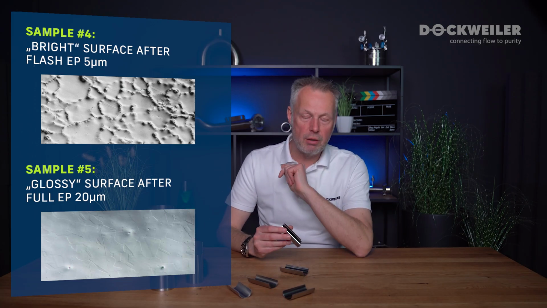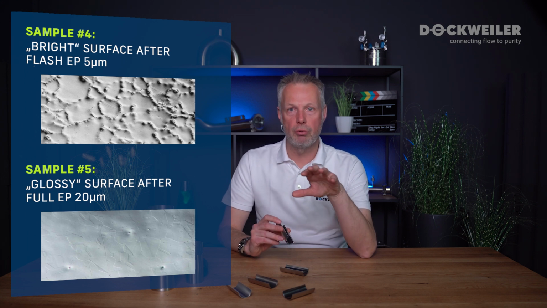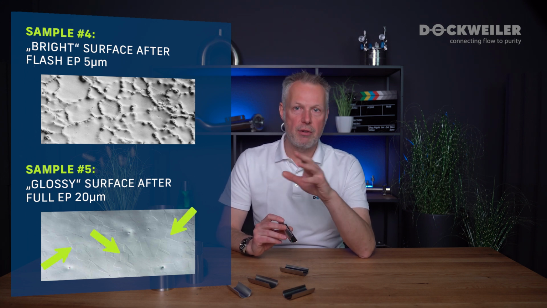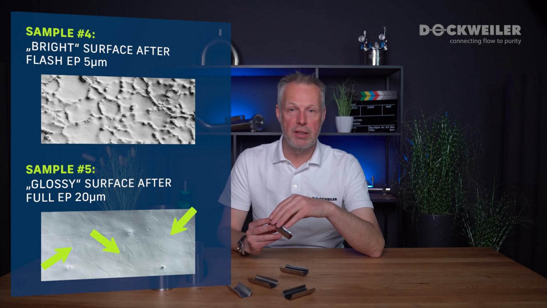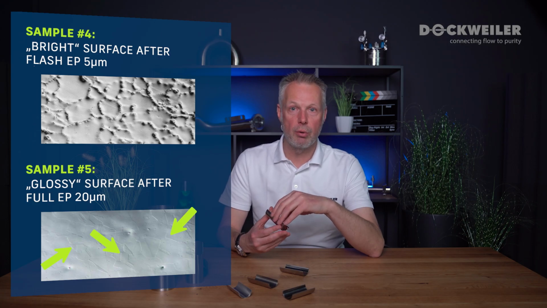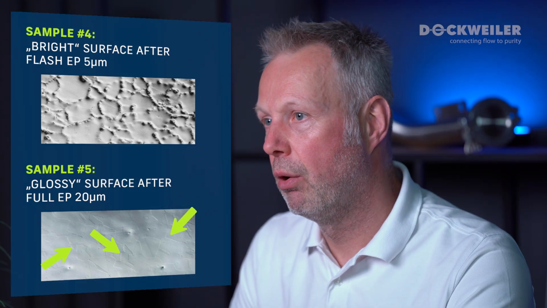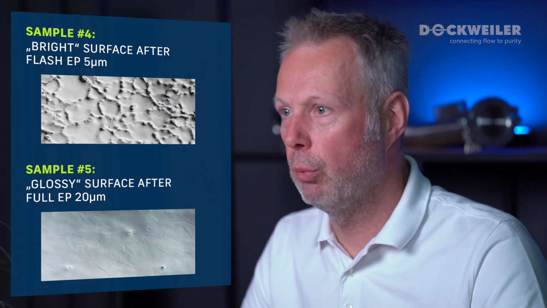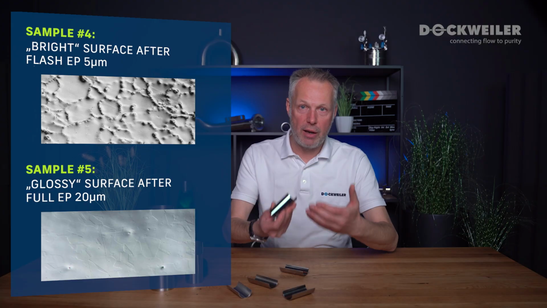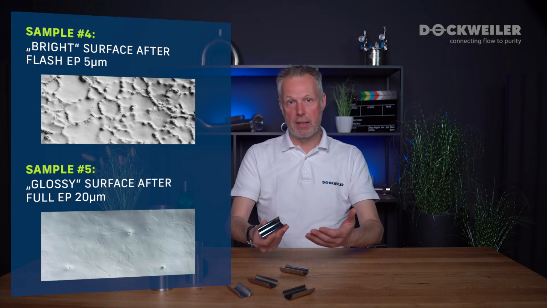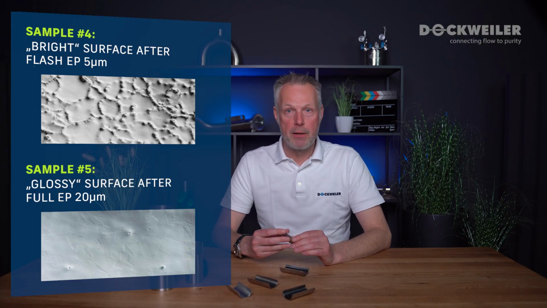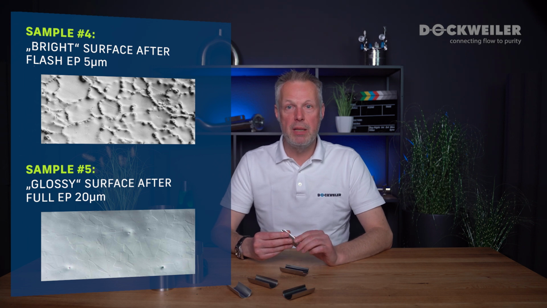When you take a real close look at it, you still see the grain boundaries, but these are the standard grain boundaries of the austenitic stainless steel crystallographic orientation. So when we do the pickling, the slight electropolishing, and the full electropolishing process, we see this effect developing and also disappearing again during a full EP. After a full EP, this effect of carburization is basically gone.